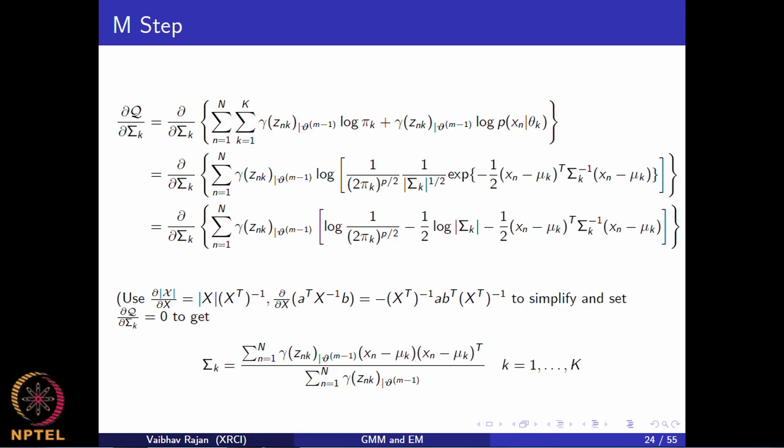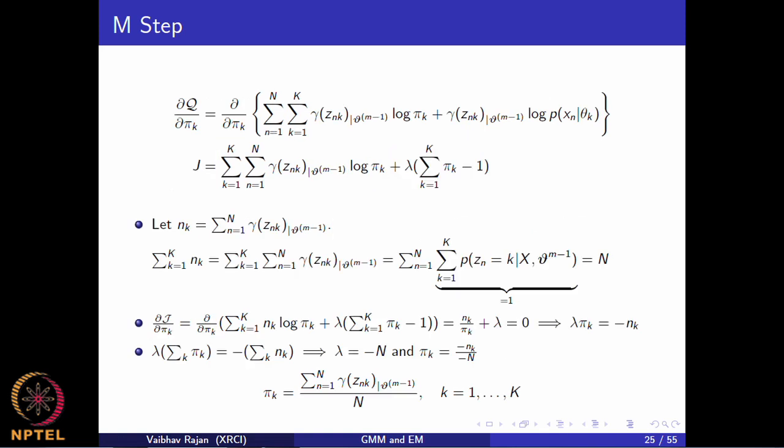Similarly for the M step for pi k, this term goes away, you use Lagrange multipliers to add this term and differentiate this function. This is quite straightforward, you can check it yourself.